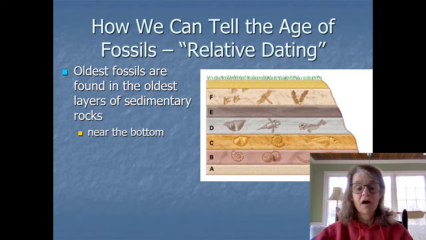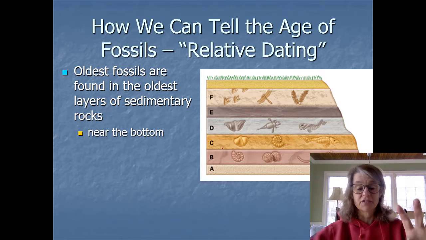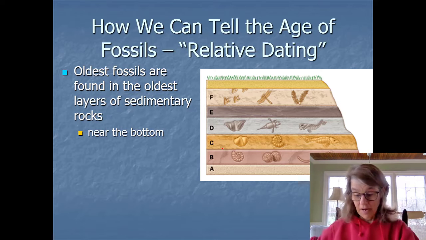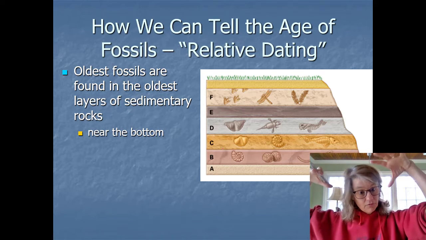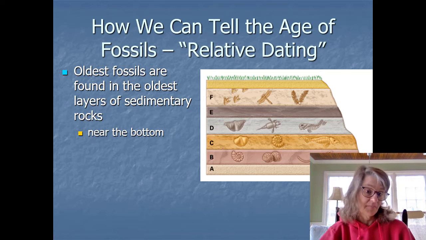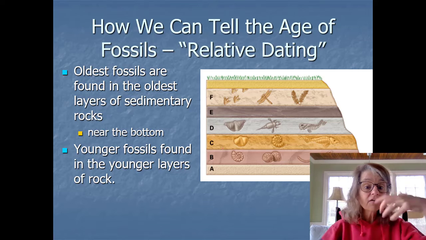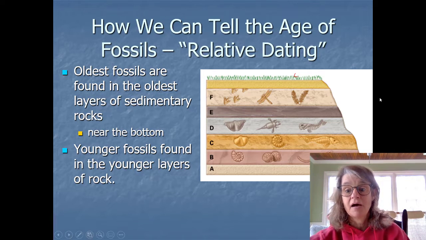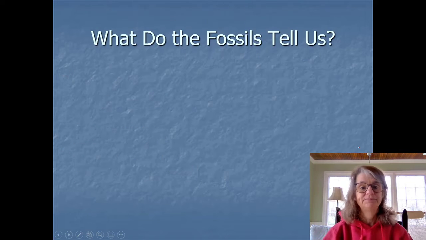Sedimentary rock is made out of layers of sediment that were laid down, the ones at the bottom were laid down first, and then other layers were laid down on top more recently. So the oldest rock in a sedimentary rock layer is always near the bottom. The younger fossils and younger rocks are found near the top, like these up here. So older down here, younger near the top.